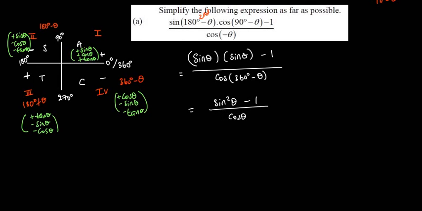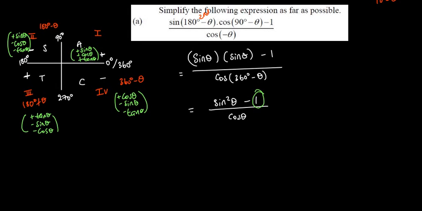So this is not the final answer, good people. Why? Because now you have sine squared theta minus 1. When you're at this point, you can remember the following. If you remember in grade 10, we said that sine squared theta plus cos squared theta is equal to 1. So where I see 1, I am allowed to put this.